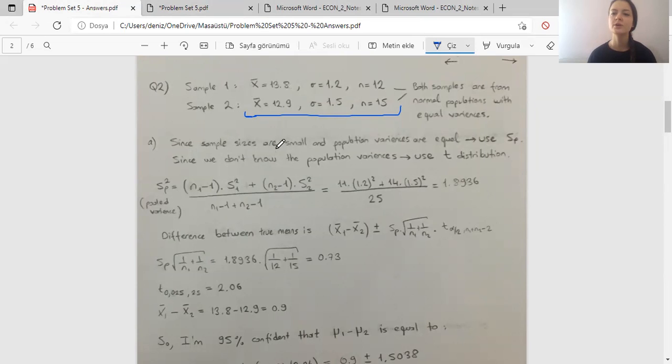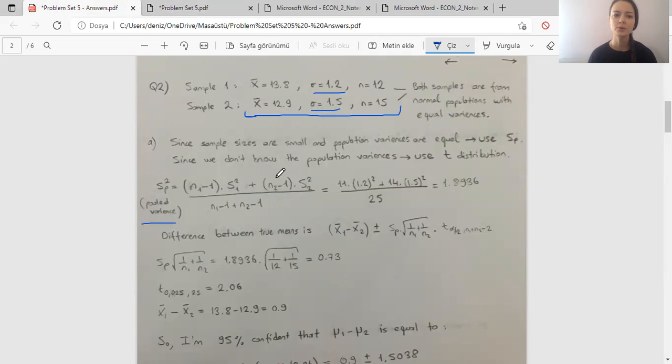Why? Because we know that the two variances of the populations are the same, but we have two different sample standard deviations. So in order to make these two something useful, we are going to use a pooled variance. It's like a weighted average of them.